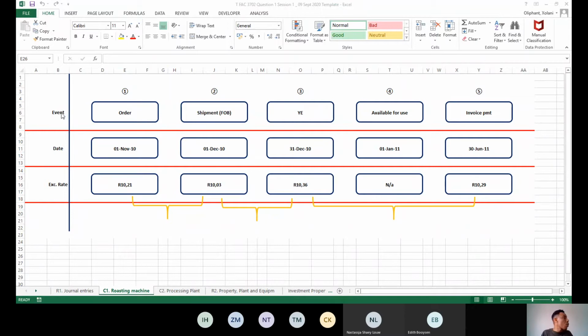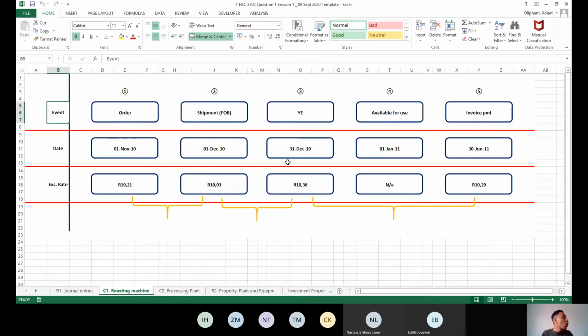What I have here is an event, what happened, and for each event, when it occurred. Thereafter, for each event, what was the applicable exchange rate at that point in time, because that's very important for you to understand.